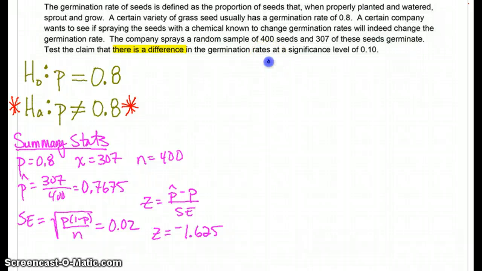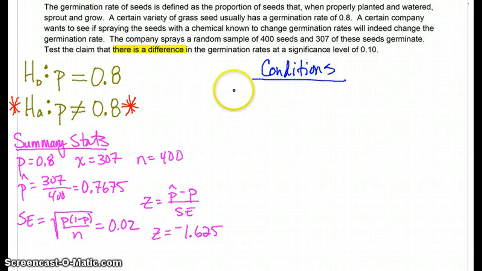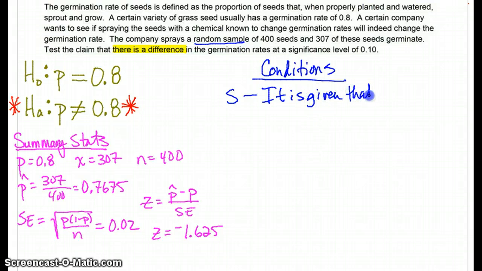All right. So we have all of our summary stats, and then we should realize next up are the conditions. For our conditions, we have S. It is given that a random sample, underlined right here, is used.